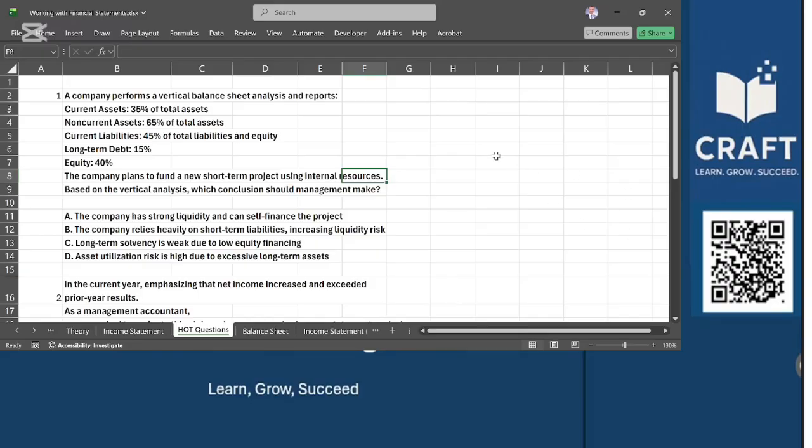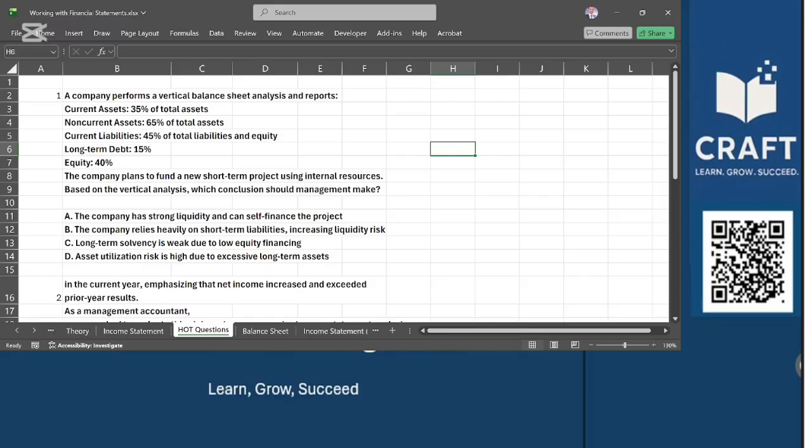The company plans to fund a new short-term project using internal sources. Based on the analysis, which conclusion should management make? Out of the following four options, which is the right conclusion that you can make? In order to do that, let us look at the ratios which are given.